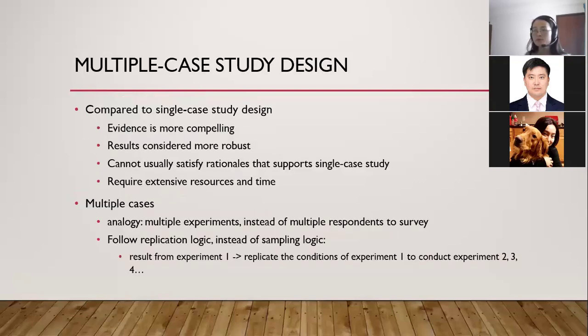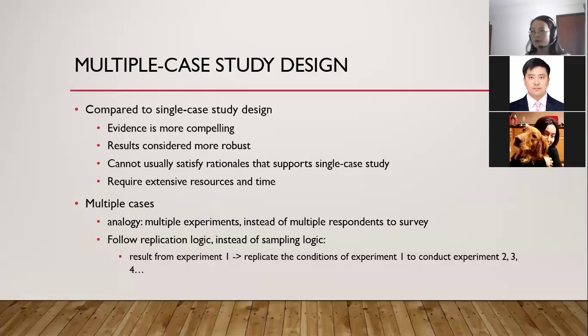And then we move to multiple case study design. Compared to single case design, in multiple case study design, the evidence is more compelling because you have multiple cases to retrieve the evidence. And usually people consider multiple case study design will produce more robust results.